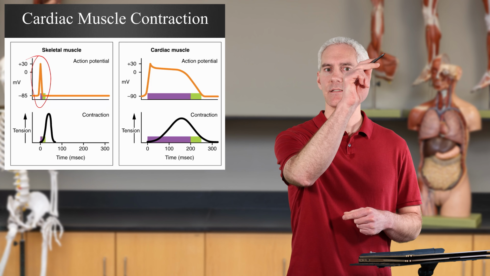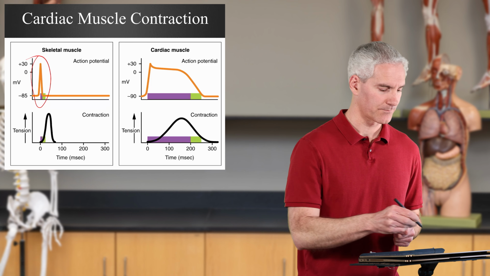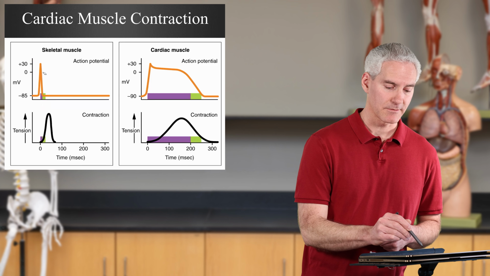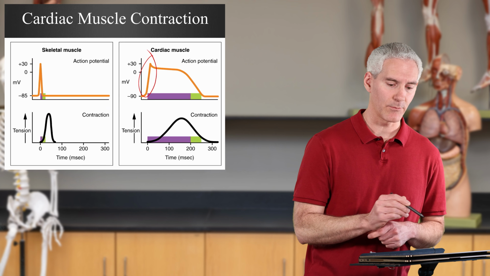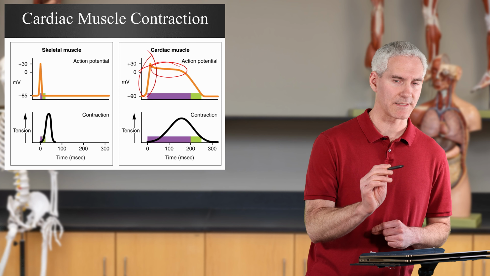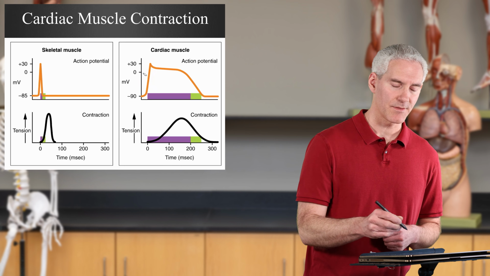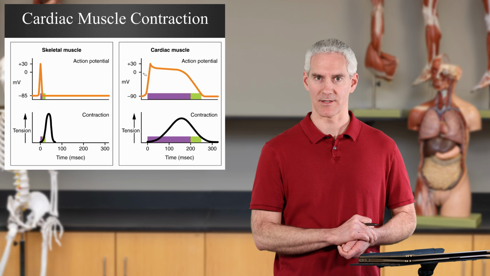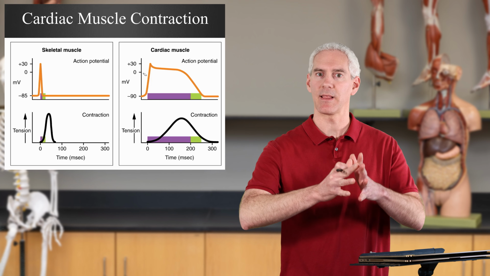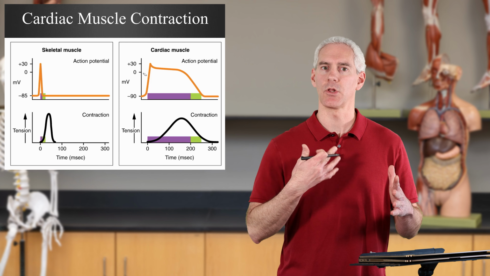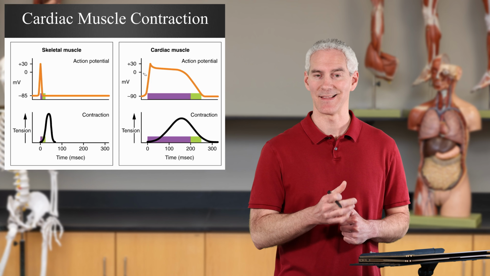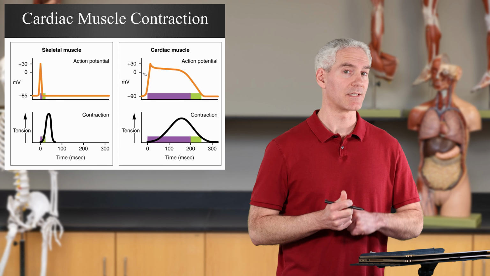It goes up, depolarizes, down, repolarizes. But in the cardiac, we still depolarize the same way, then plateau, that's the different part, and then repolarize the same way. So it's still the same voltage-regulated channels. It's just adding that plateau phase in to make a longer contraction phase in the cardiac muscle compared to the skeletal muscle.